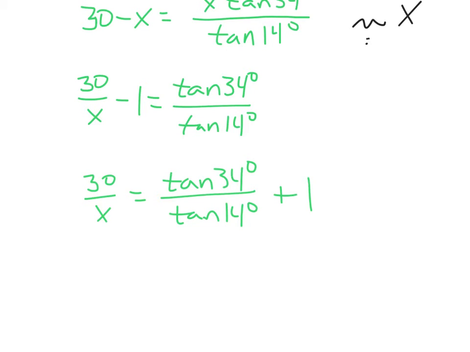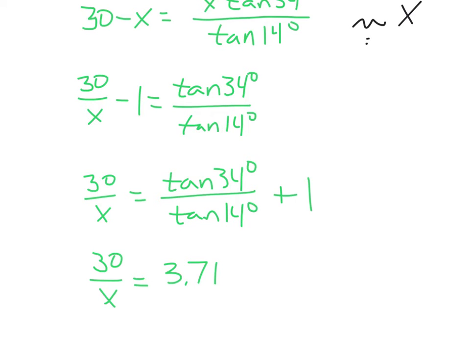I'm going to actually change this now into a number. And I'm going to leave it in my calculator, so I'm going to round it when I write it down, but I'm going to leave it in my calculator as unrounded so that I can get as close to the answer as I can. So then what we have is 30 over x equals roughly 3.71.